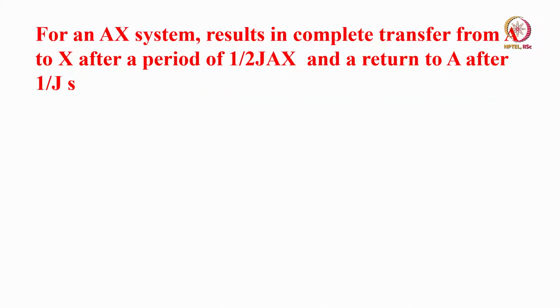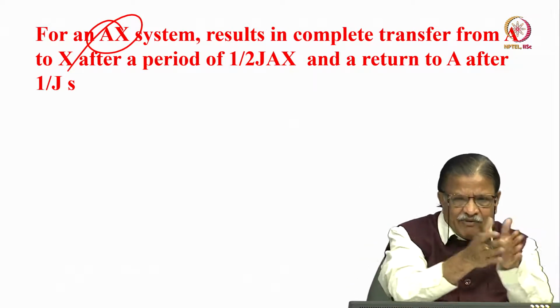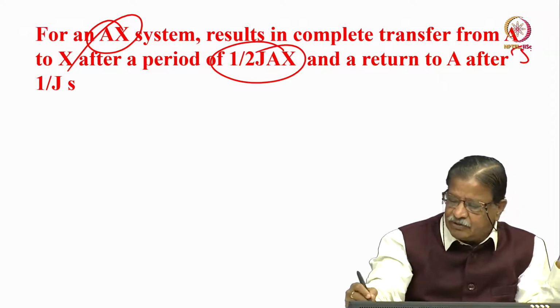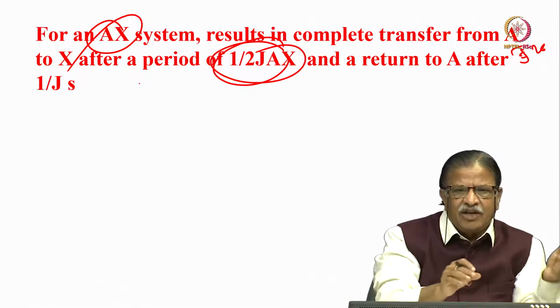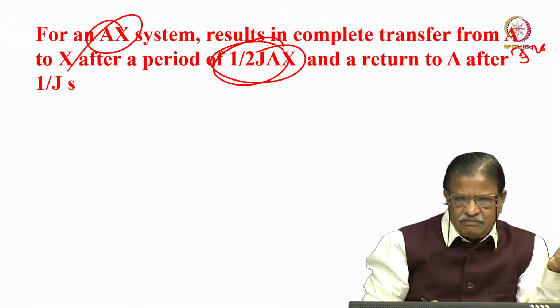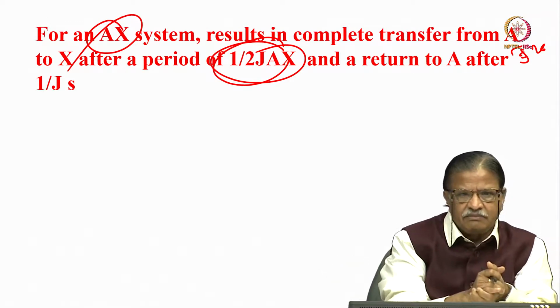So consider an example of an AX spin system, a two coupled spin system with a coupling constant of J. Then what will happen? Let us say spins are evolving, and J is, let us say, 20 hertz. At exactly 10 hertz, what will happen? Assume A is giving its coherence to X. It will give complete coherence to X in half the J period.